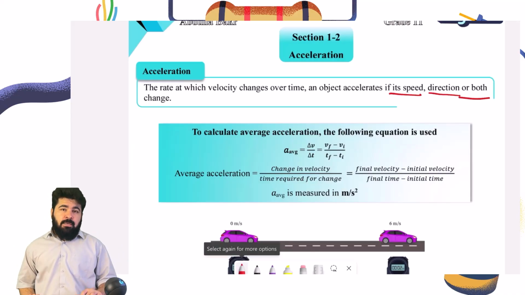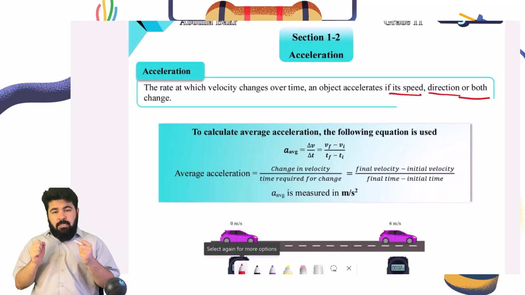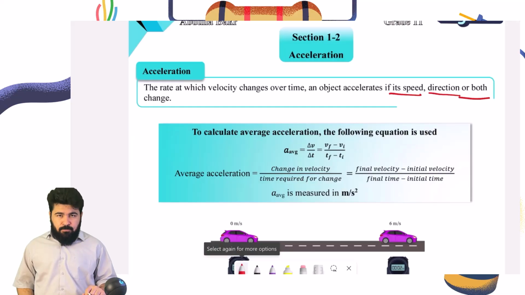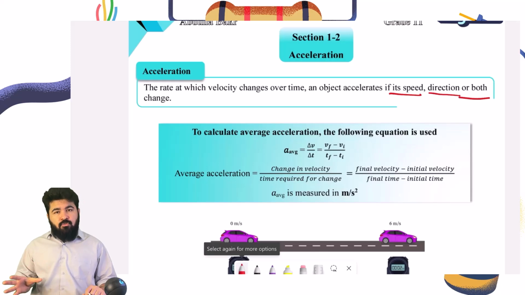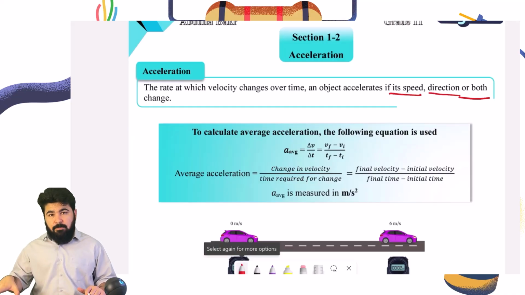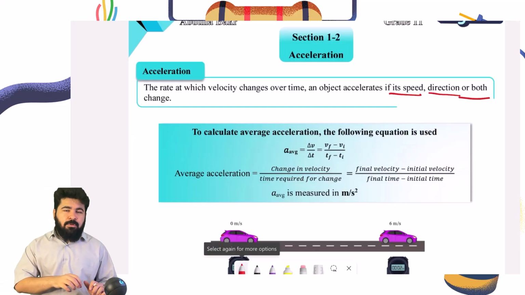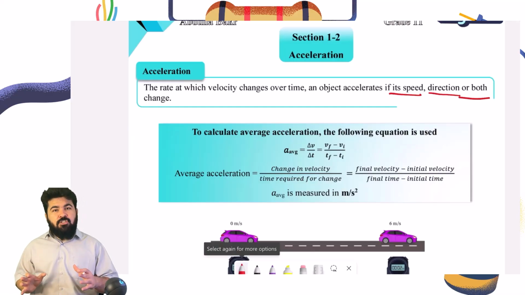Let me give you an example. Let's say you are driving and you want to increase the velocity of the car, from 50 kilometers per hour to 80 kilometers per hour. Did you change the velocity? Yes. So acceleration happened.